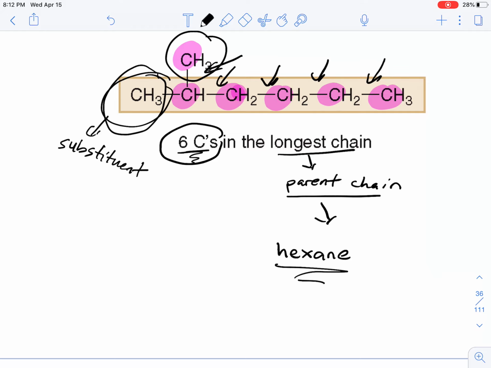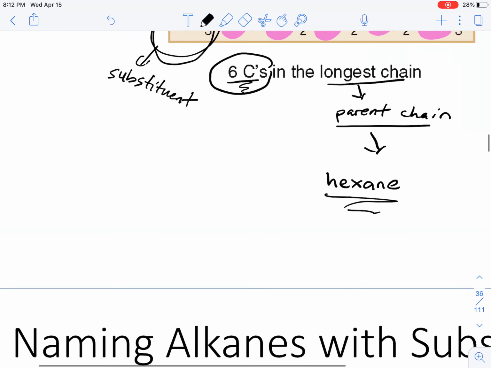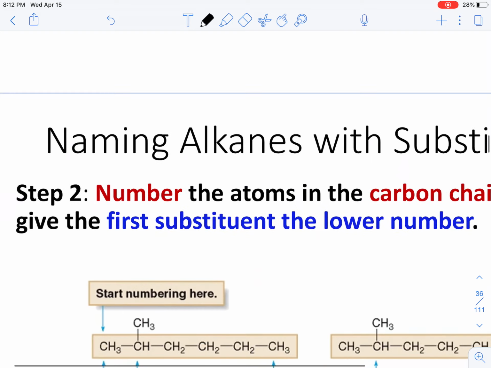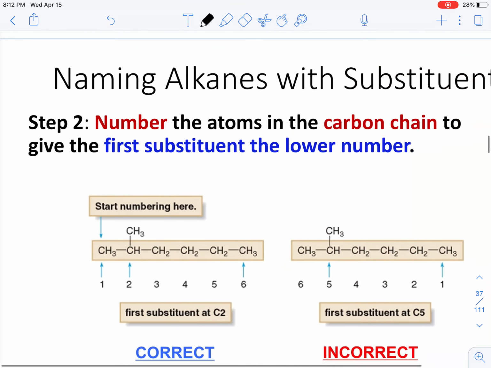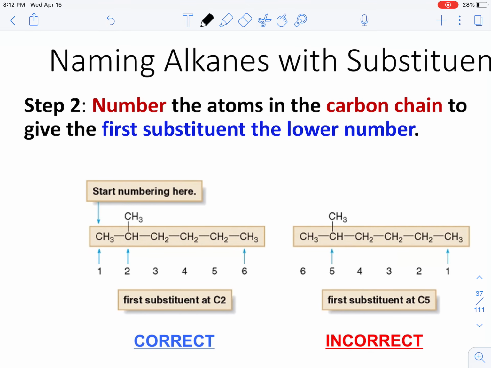So I've identified my parent chain. I've named my parent chain. What's my next step? My next step is to number the atoms in the carbon chain to give the first substituent the lowest number.